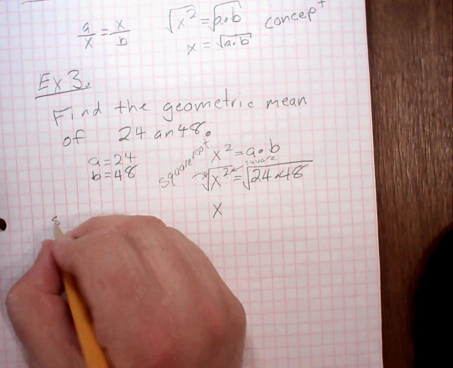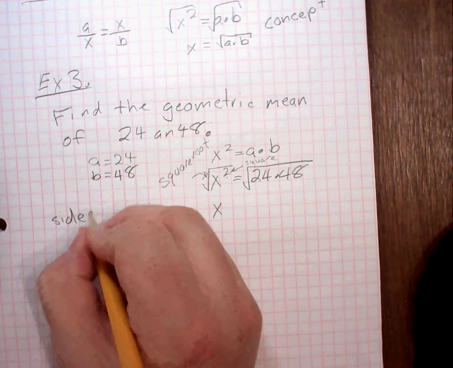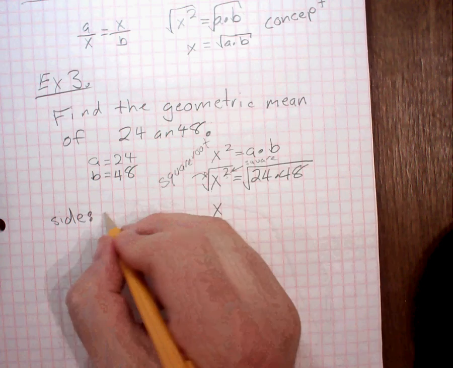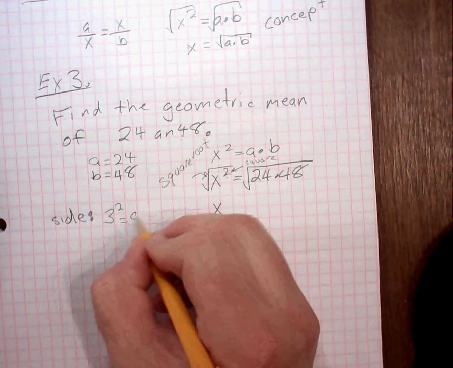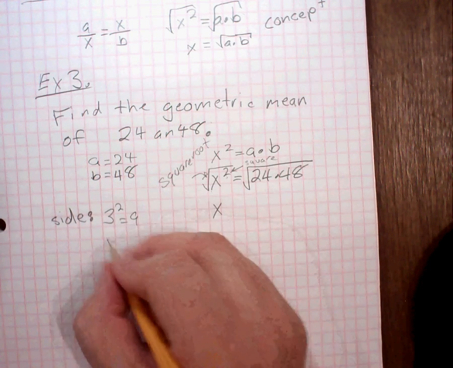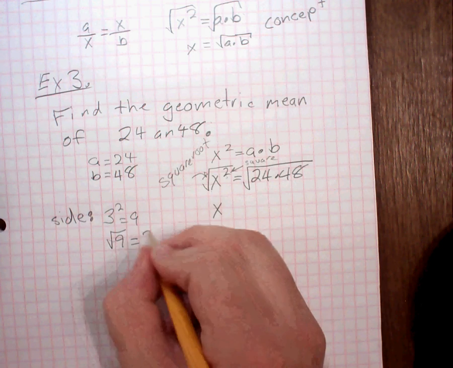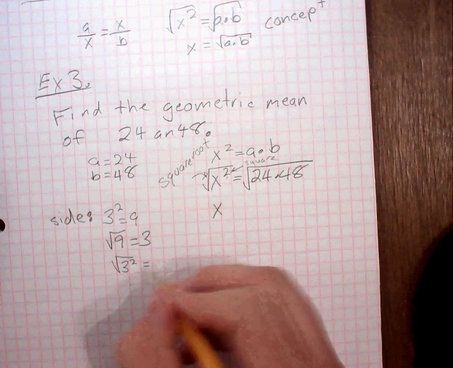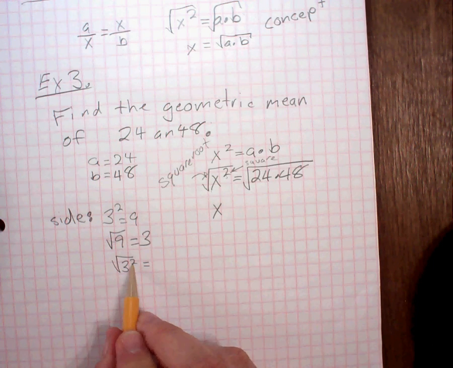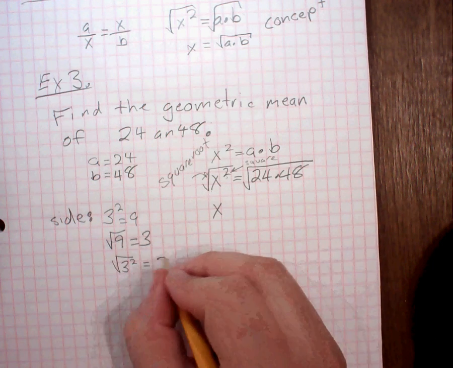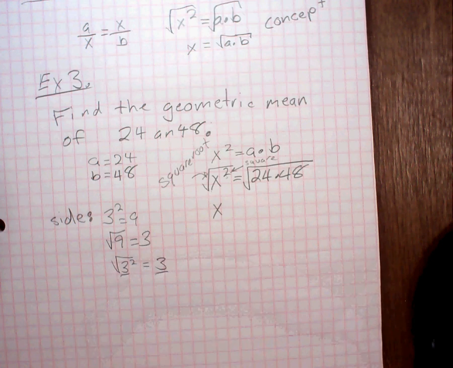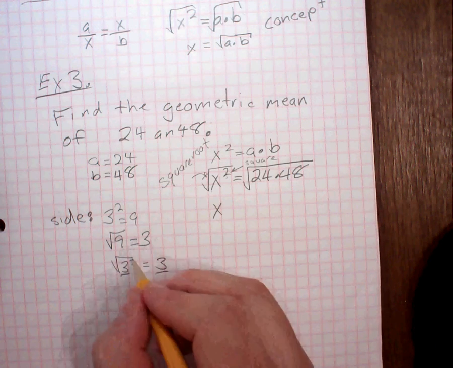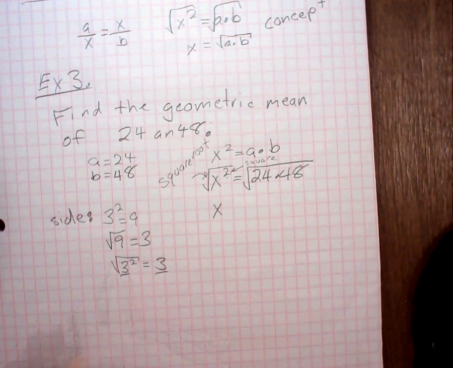On a side note, 3 squared equals 9. The square root of 9 equals 3. But you could think of it as the square root of 3 squared. When you take the square root of a perfect square, you're just left with the base. So it has to be written in exponent notation while it's under the radical for the square root.